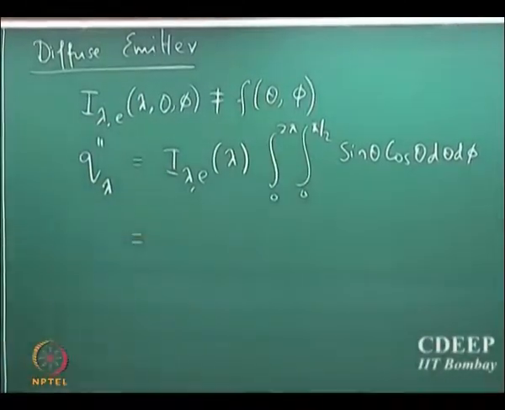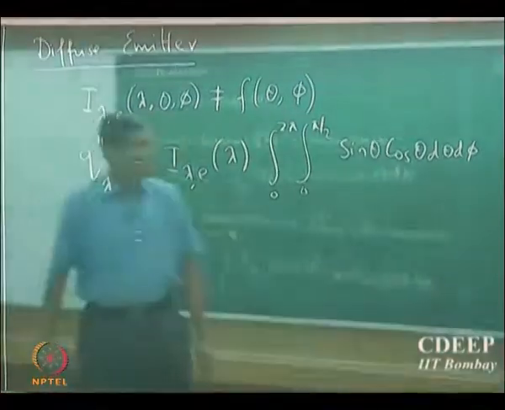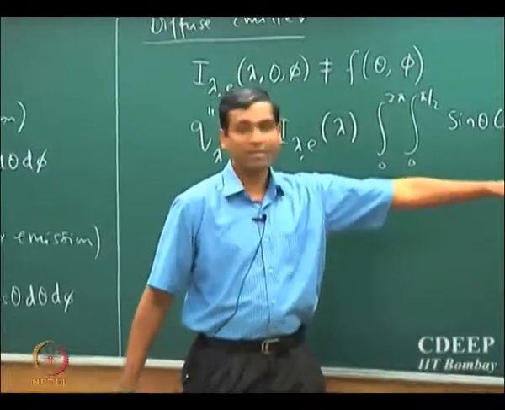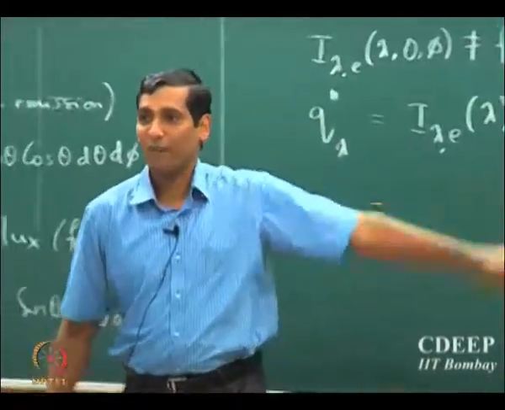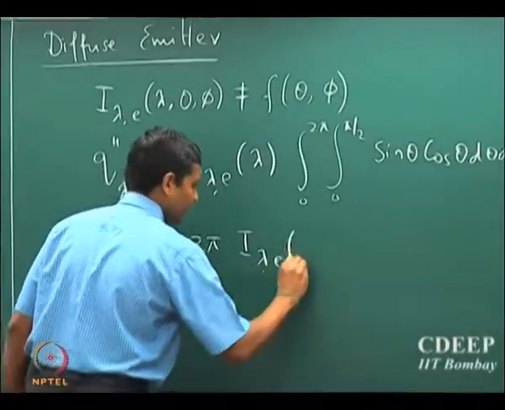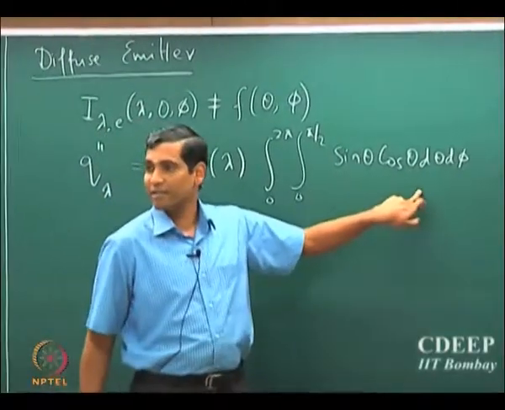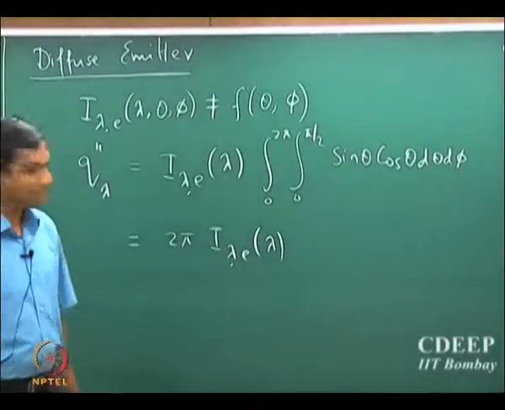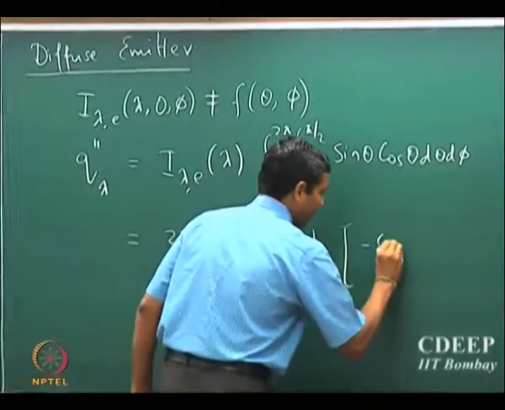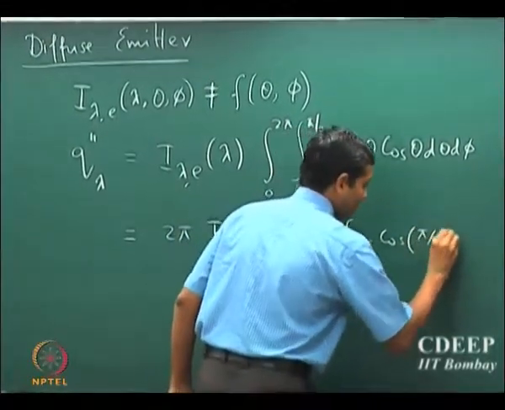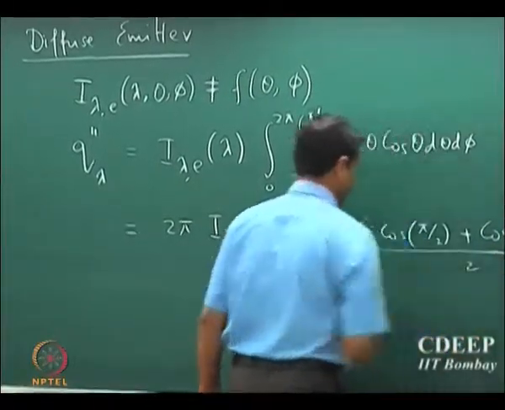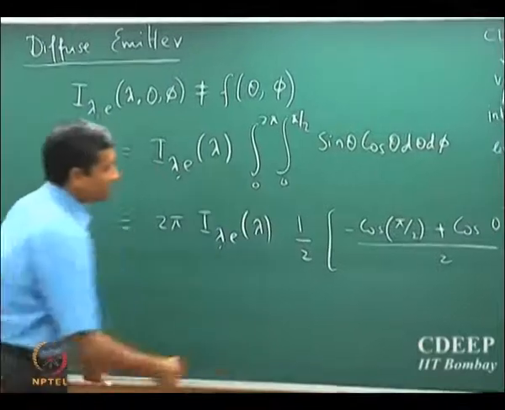What is this integral? With respect to d phi, it is 2 pi. What about sin theta cos theta d theta over 0 to pi by 2? How do you integrate sin theta cos theta? Half of sin 2 theta. So, that will basically be 1 by 2 times minus cos pi by 2 plus cos 0, divided by 2.